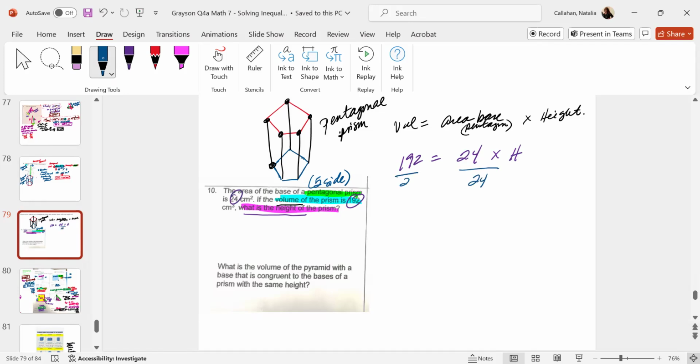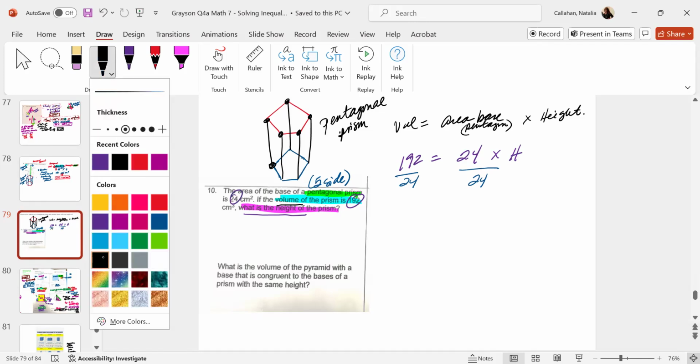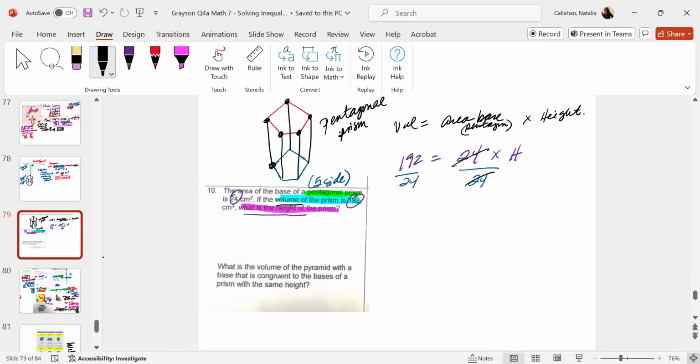Let's divide it. You say subtract, you're really wrong. Why would you subtract it as a negative 24? Divide it. Good.